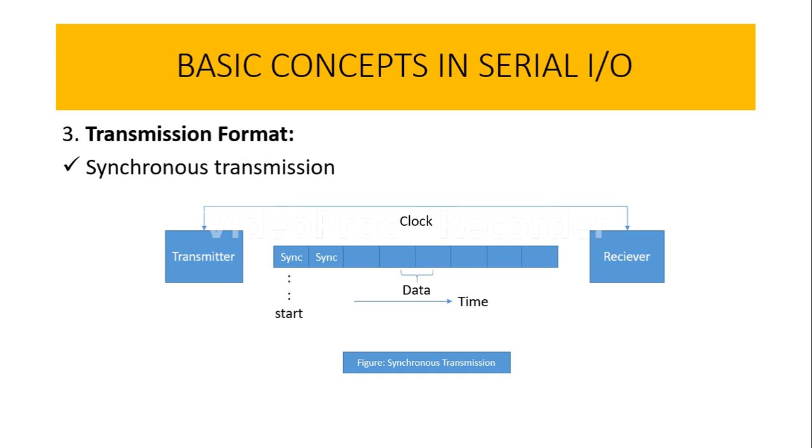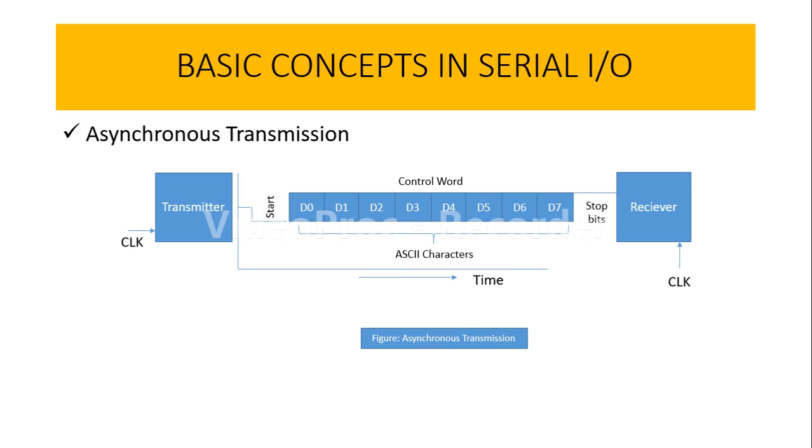This type of transmission is used particularly for high speed data transmission. Whereas asynchronous transmission, as you can see here, is character oriented. Please do remember, asynchronous transmission refers to character oriented transmission.